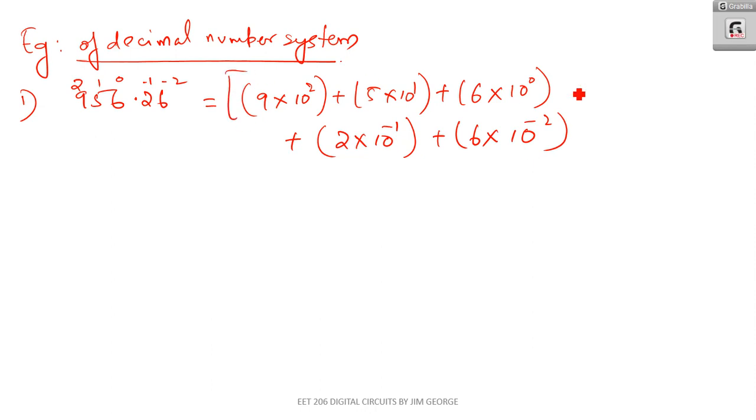So this much part consists of integer part, and this part is the decimal part or fractional part. Okay.